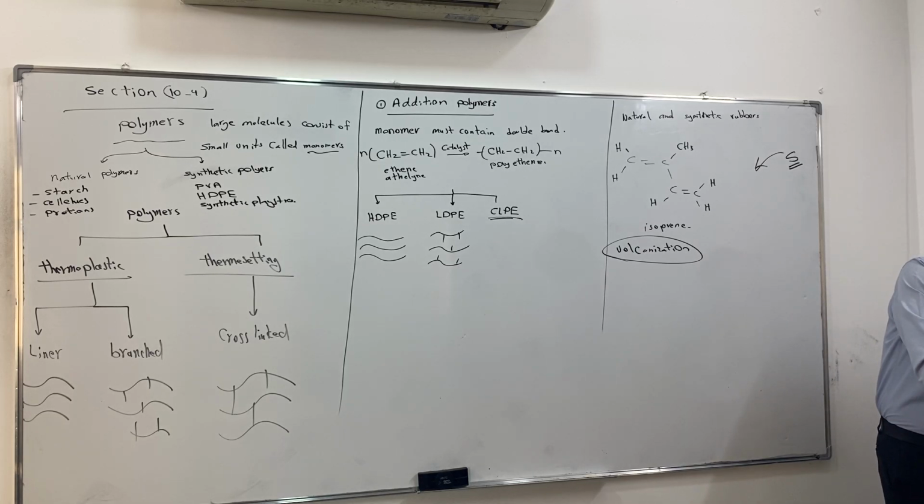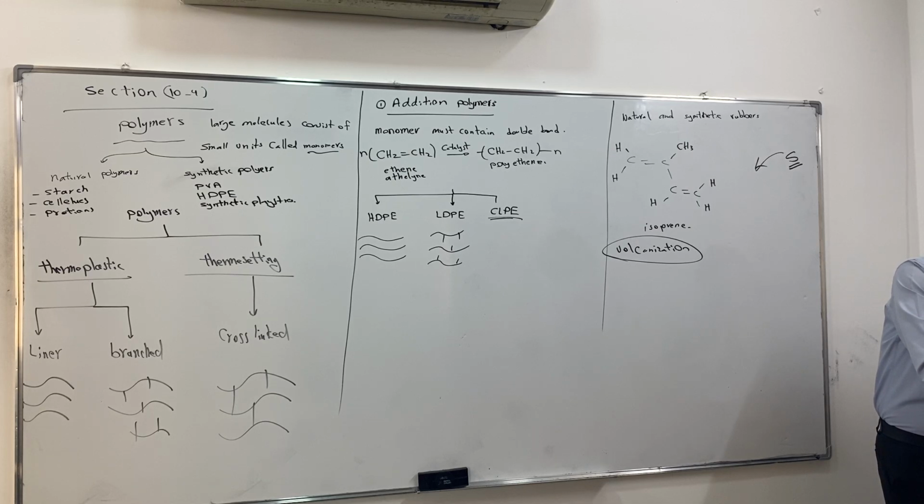Sulfur atoms bond at a carbon atom in one molecule and a second carbon atom in the second molecule, forming cross-linking between the two molecules. This is shown in the model. We have a figure in your textbook.